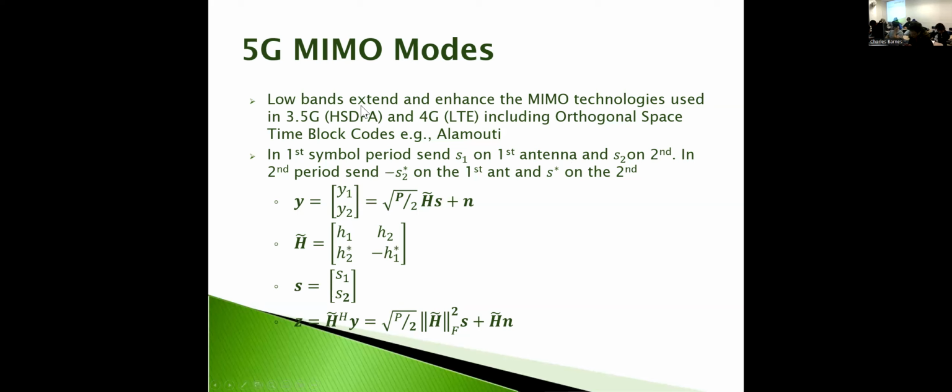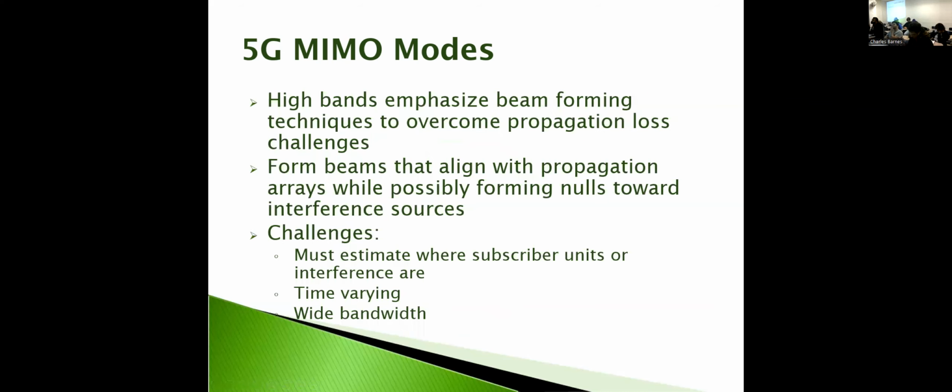So our low bands use these similar types of MIMO techniques, and there's a handful in the standard that are optional options to use. In the high bands, we're really emphasizing beamforming techniques. So we're using antenna theory to try to form directional antennas, so we can point that beam towards the user.